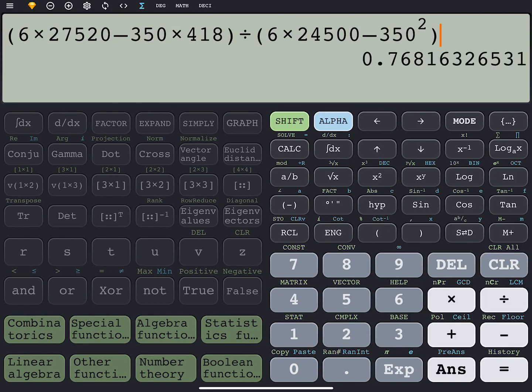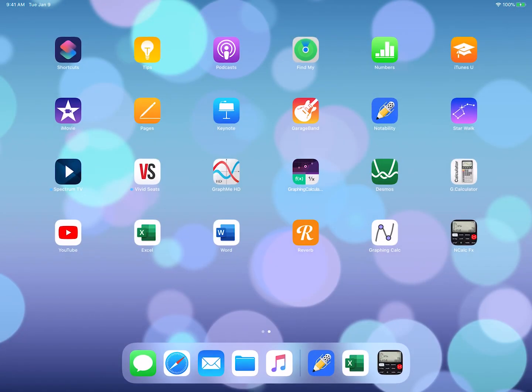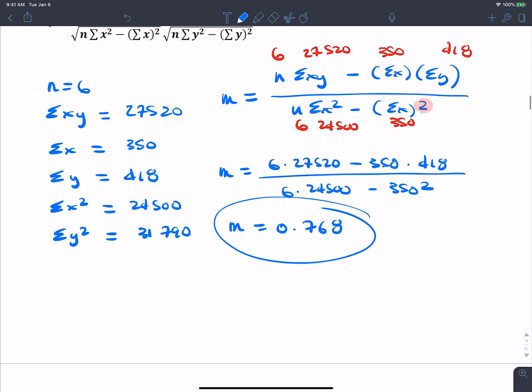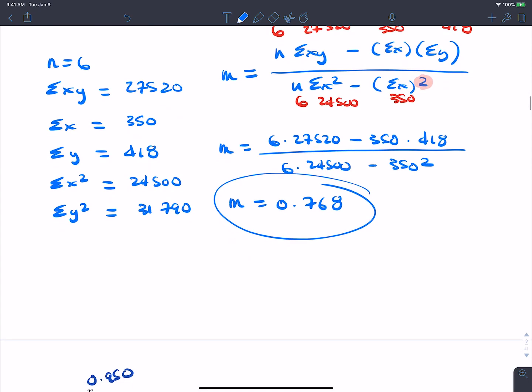What do you guys get? This is 0.768. All right, you guys okay with that one? So my slope here is 0.768. That's my slope.